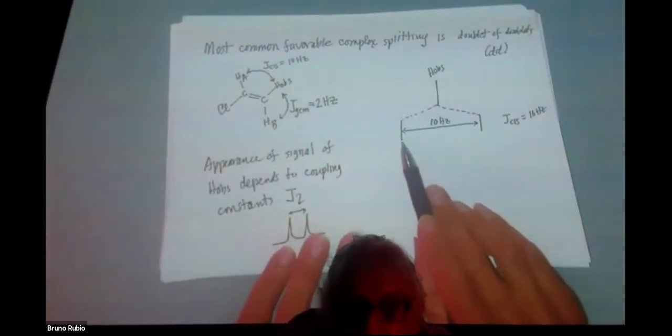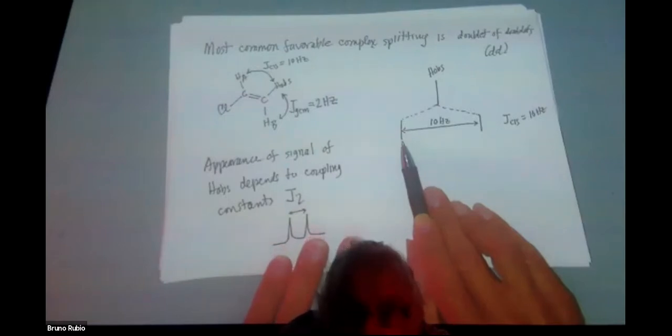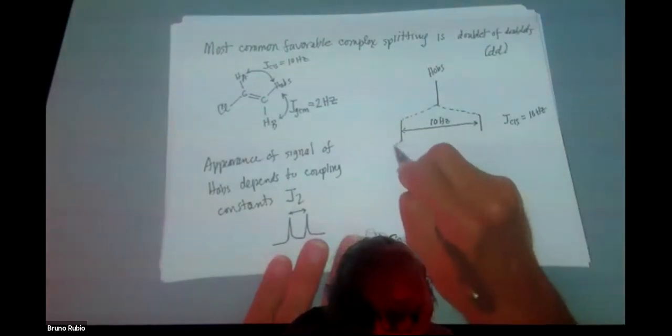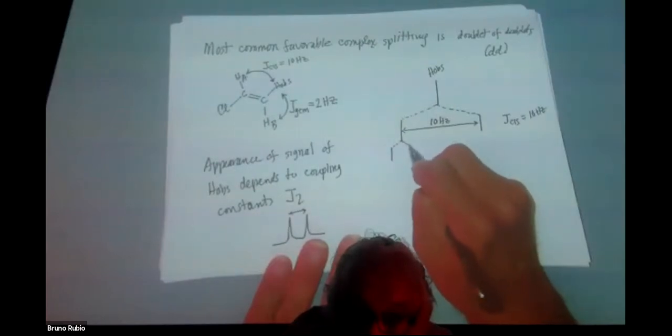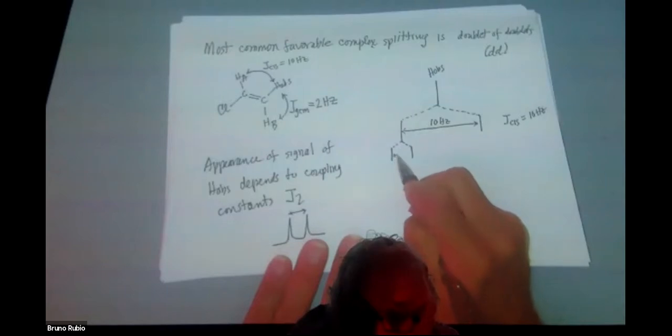Okay, so this guy here, he split into a doublet of his own. And the peaks in this new doublet are 2 hertz away from each other. So that was 10. 2 is going to be a lot narrower. See how I split it into a doublet? And that is worth 2 hertz.